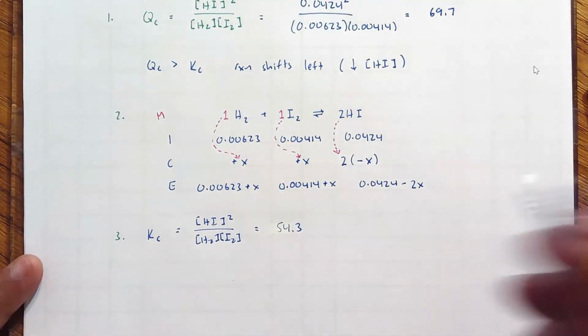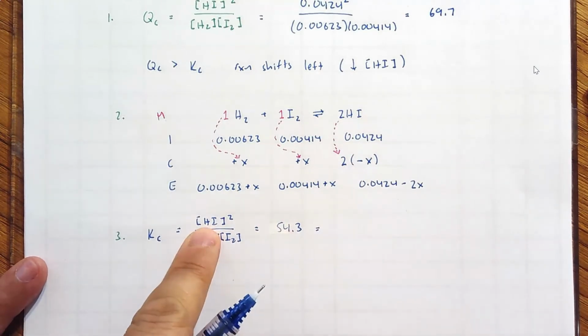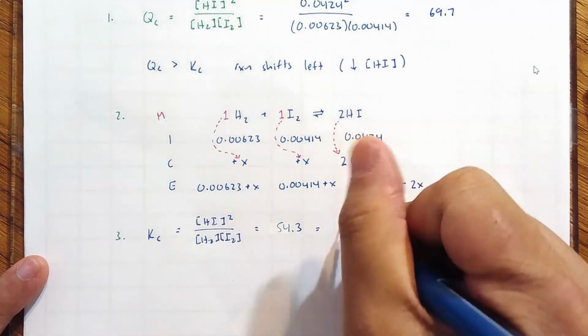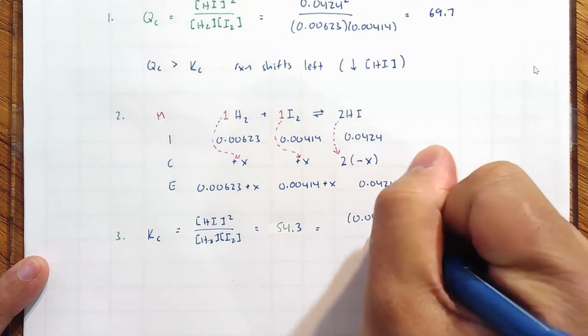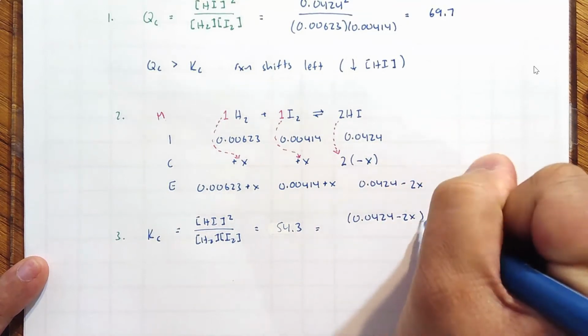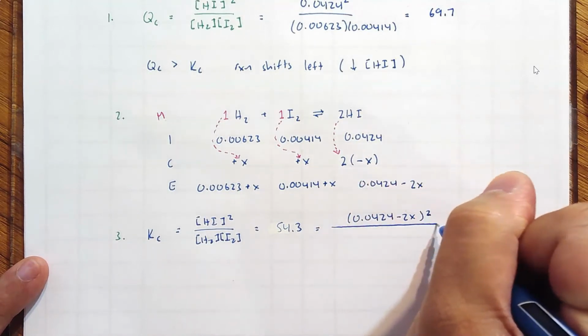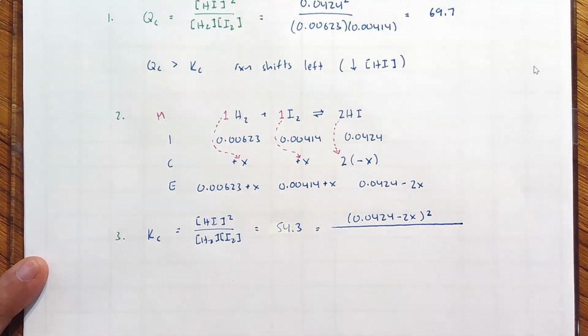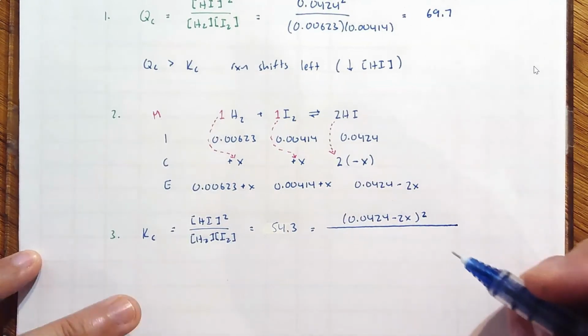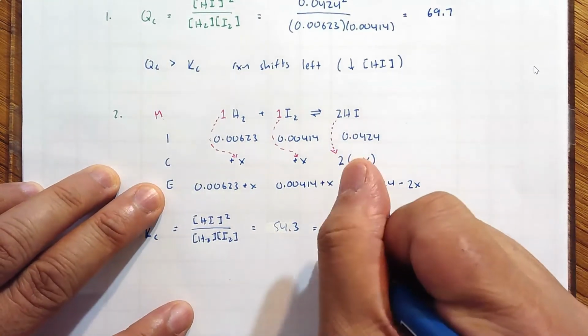Plug in these numbers. Okay. HI, 0.0424 minus 2x, man, squared already. Well, we predicted this. This is not going to be super easy.